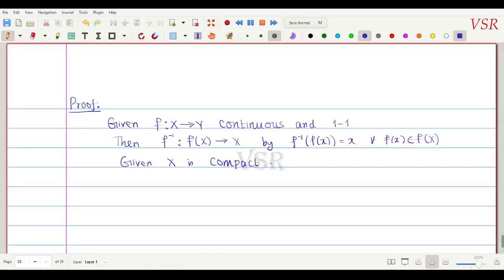What do we need to prove? To prove that f inverse is continuous. That is all, nothing else. So we need to show that f inverse is a continuous function.